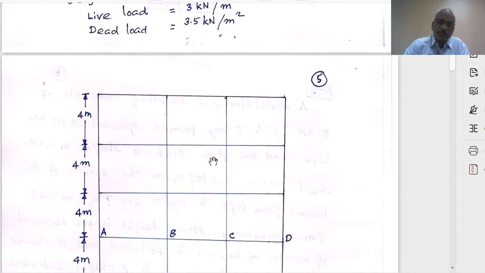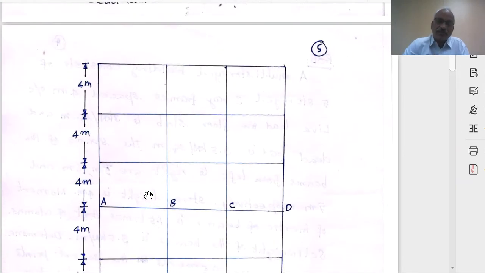So this is the frame, and this frame is spaced at 4 meters center to center. This is frame number 1. Frame number 2 will be at 4 meters away. Frame number 3 will be at 8 meters away, like that.